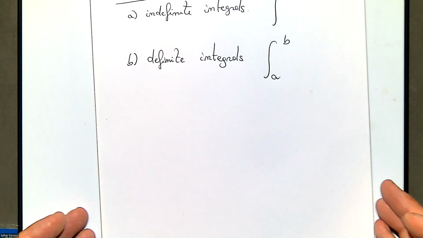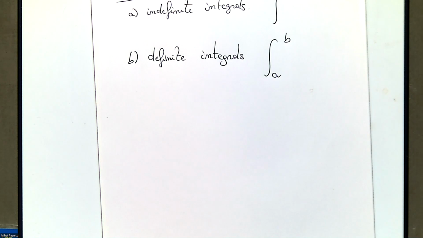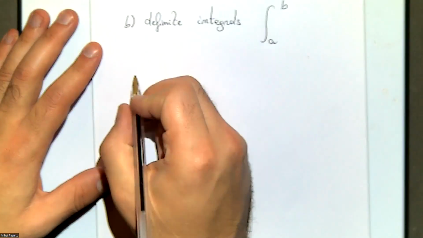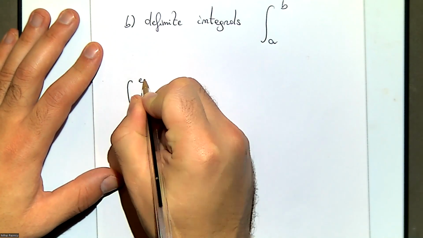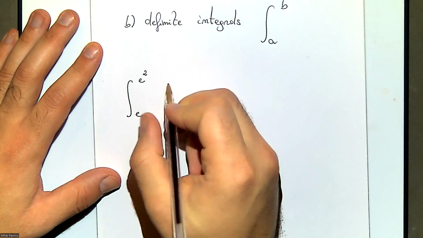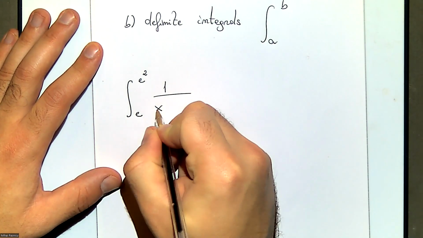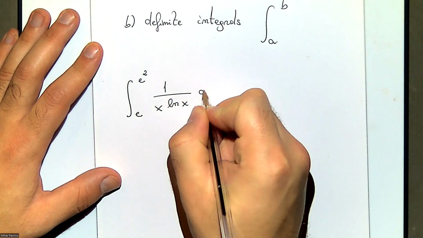So let's take an example. Most of the procedure for substitution is going to be exactly the same. We're just going to have to change two more things, but I'm going to show them to you. So let's take the integral from e to e squared of 1 over x ln of x dx.